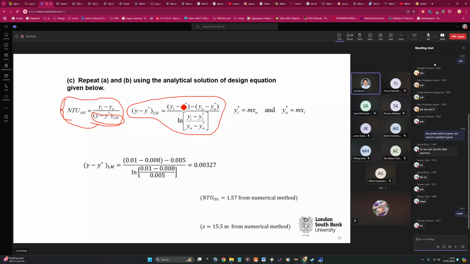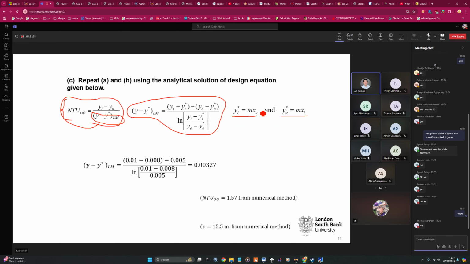Now the concentrations at equilibrium are simply given by these two relationships, inlet and outlet. So in this case, it's probably easier. You simply use these relationships to calculate the values of y at equilibrium.